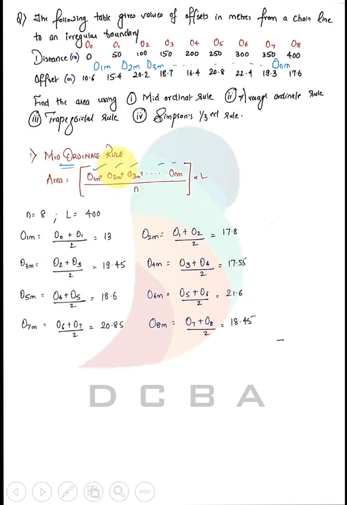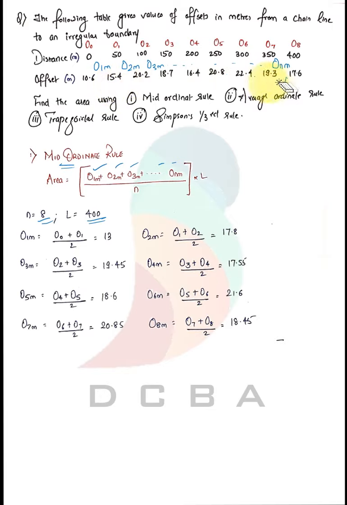So as I already told you, n is 8 because there are 8 divisions, right? And L is 400, the total length. O1M is O0 plus O1 by 2. It's simple, you just need to take the average of these two values.